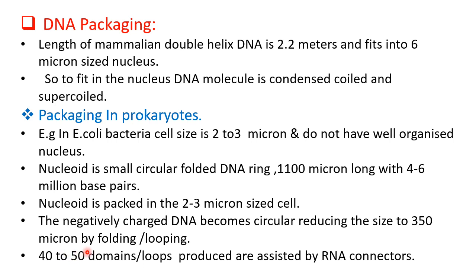Due to the coiling or folding of the DNA, it forms domains, and these domains are also called loops. So in all, about 40 to 50 domains or loops are produced in the DNA, and these loops are connected with each other with the help of RNA connectors.